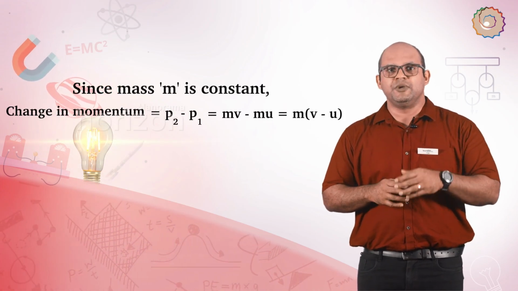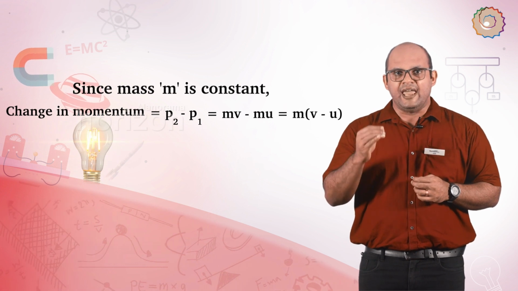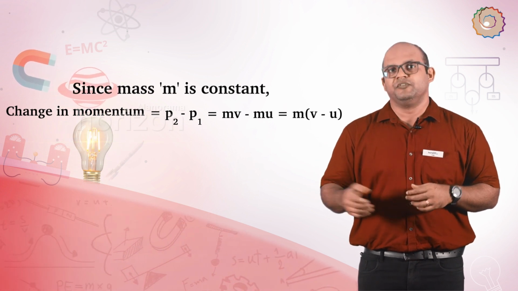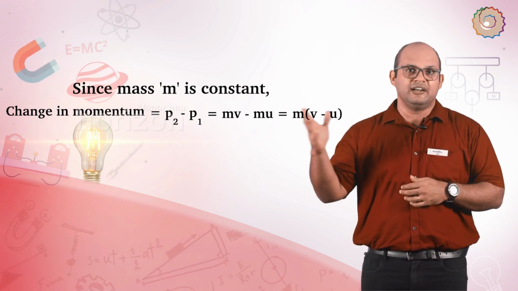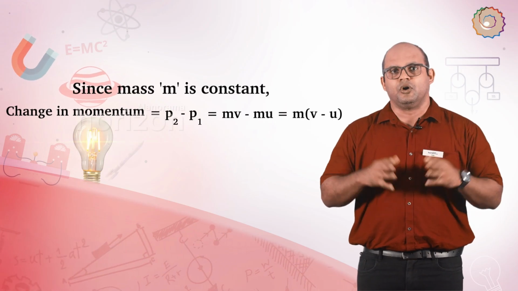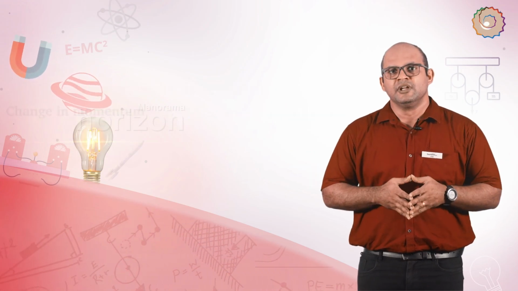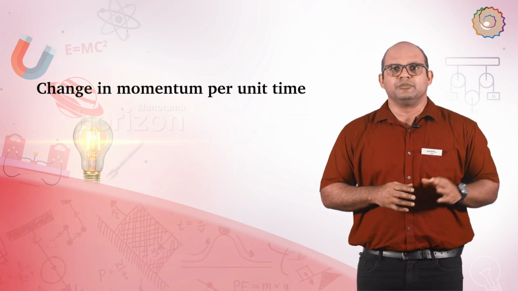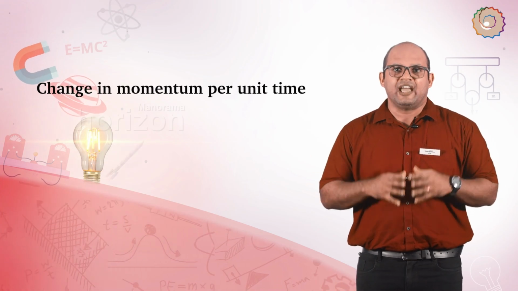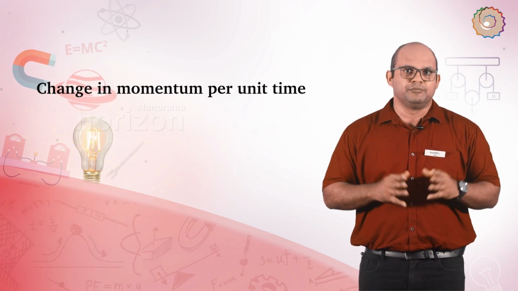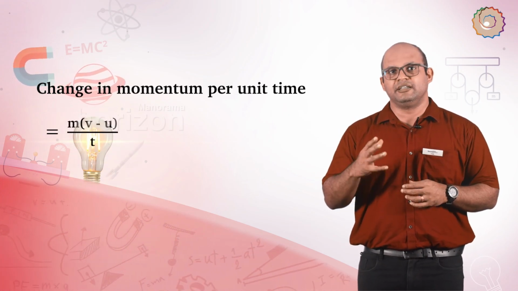So p2 minus p1 can be regarded as mv minus mu, where v is the final velocity and u is the initial velocity, or m(v minus u). Thus, a change in the momentum over a period of time can be given by the expression m(v minus u) divided by t.